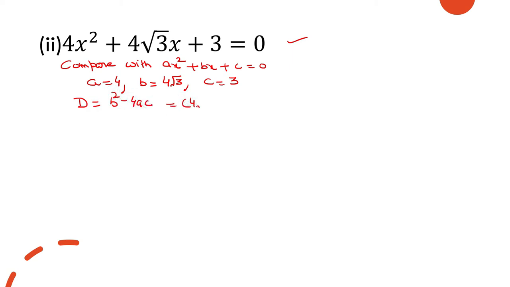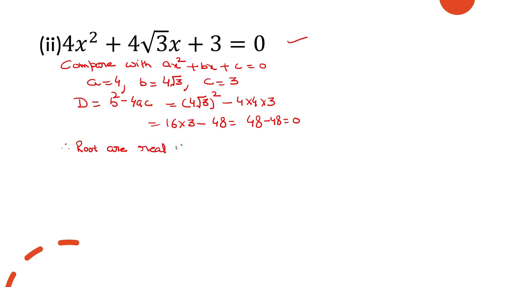Substituting the values, 4 root 3 square minus 4, a की वैल्यू 4, c की 3. स्क्वायर किया बेटा, 4 का स्क्वायर 16, रूट 3 का स्क्वायर 3. यहाँ भी 16 3s are 48. 48 minus 48 is equal to 0. अब डिस्क्रिमिनेंट 0 आ गया, therefore roots are real and equal.